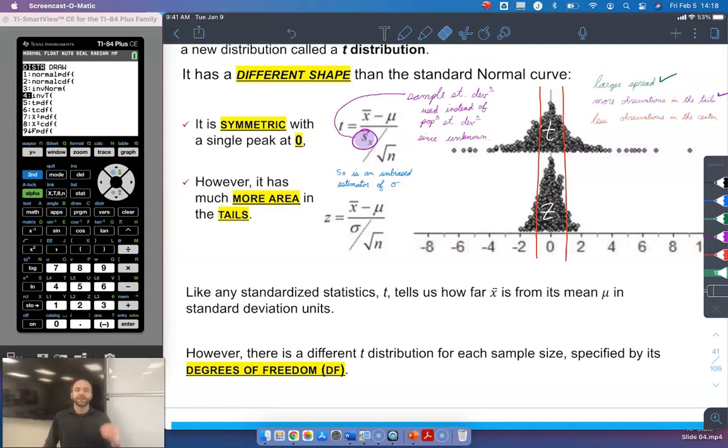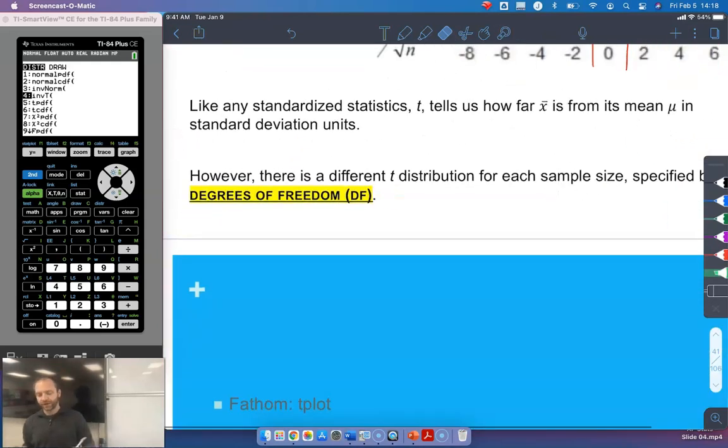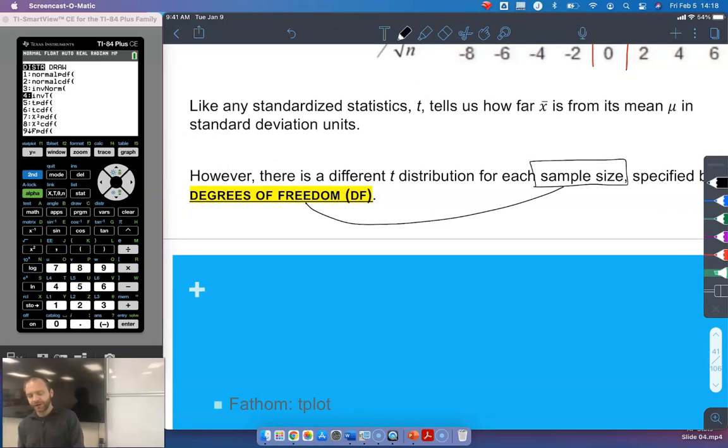And we determine which T distribution we are using by stating what we call the degrees of freedom. Make a note that your degrees of freedom are going to be linked somehow, we don't know yet, to your sample size. And this determines which T distribution we are dealing with. And again, that's something new.